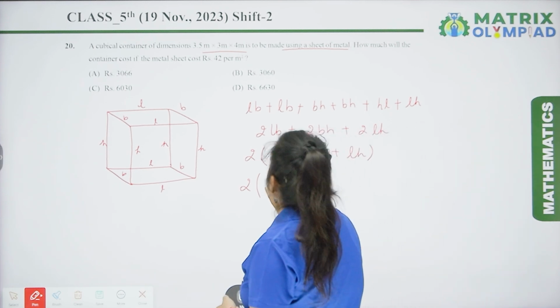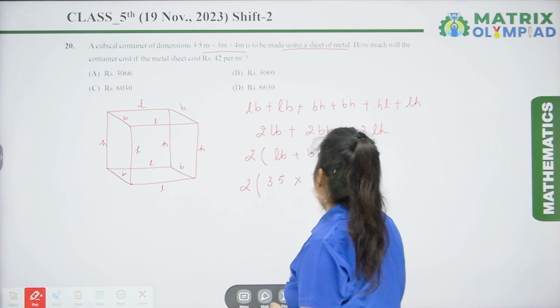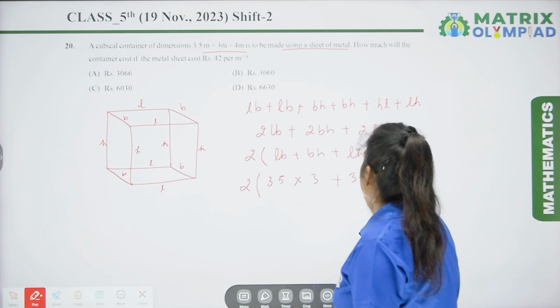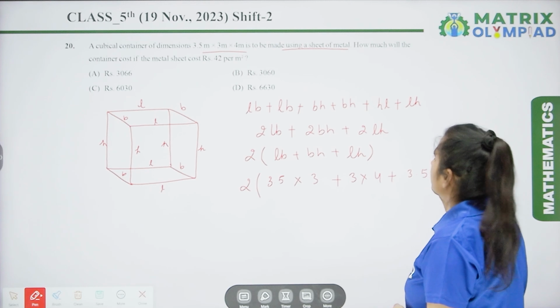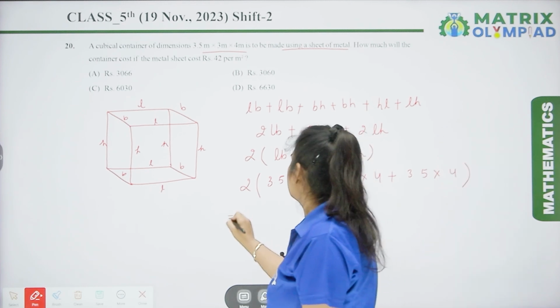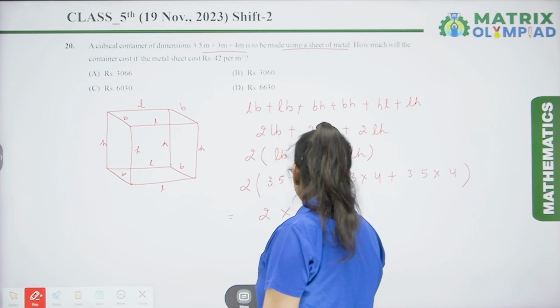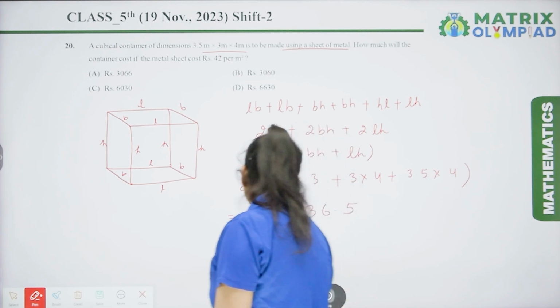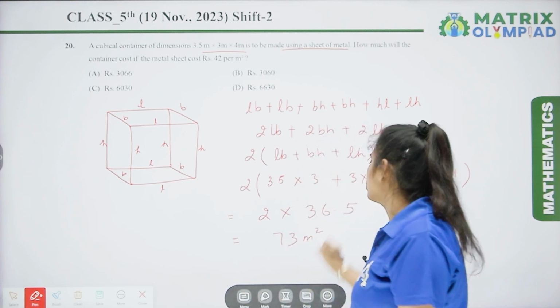Here length is 3.5 multiplied by 3, plus 3 multiplied by 4, plus 3.5 multiplied by 4. After calculation we get 2 multiplied by 36.5, that is equal to 73 meter square.